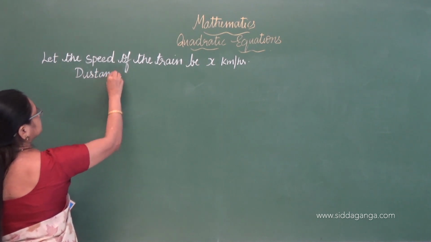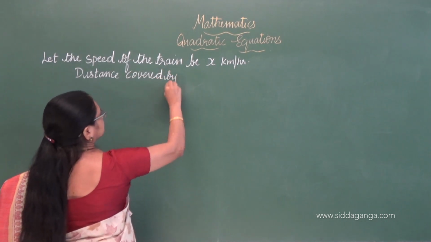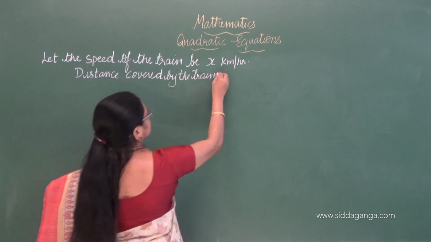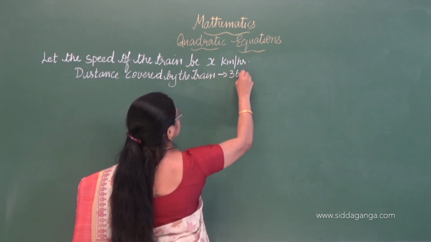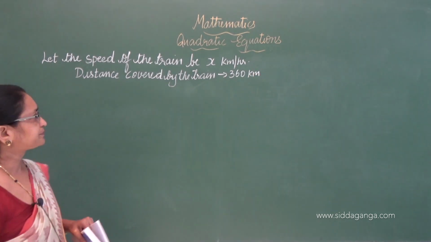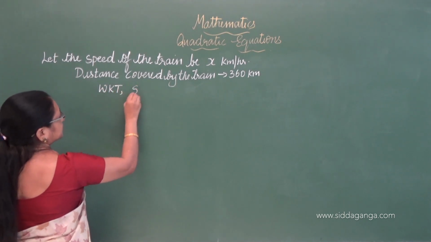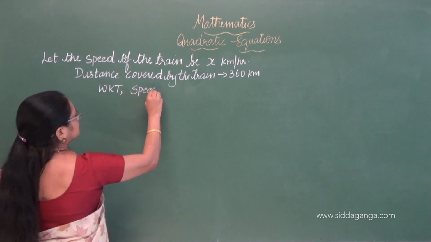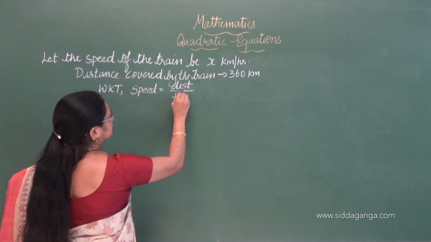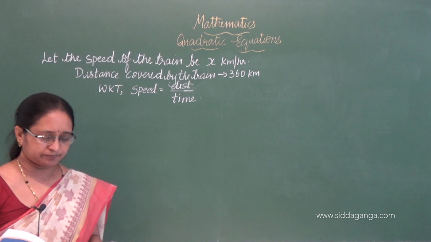Distance covered by the train is 360 kilometer, and we know that speed is equal to distance by time.